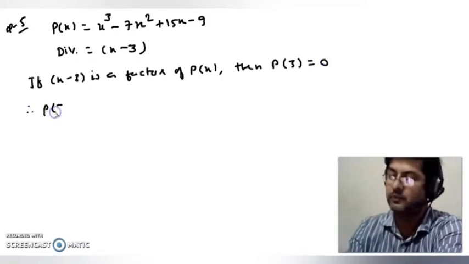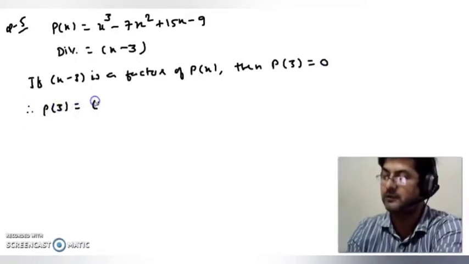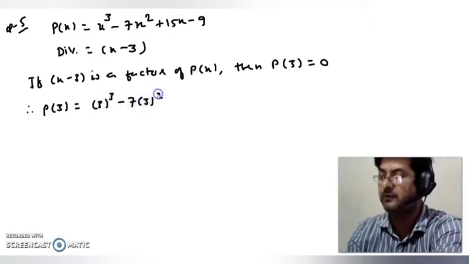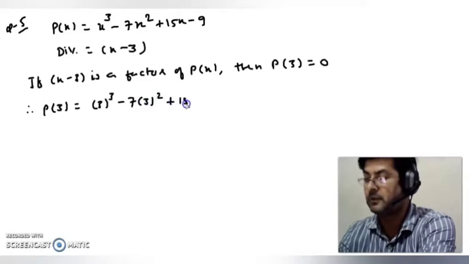Let us find out p of 3. Therefore, p of 3 is equal to 3 cube minus 7 into 3 square plus 15 into 3 minus 9.